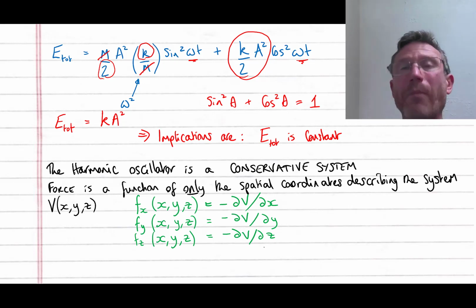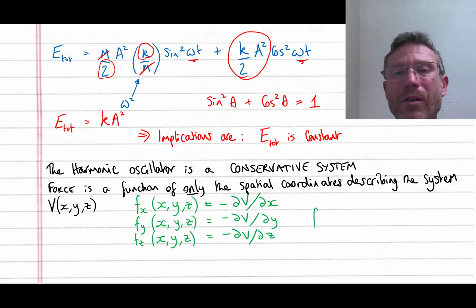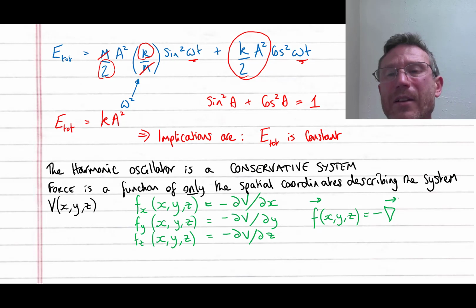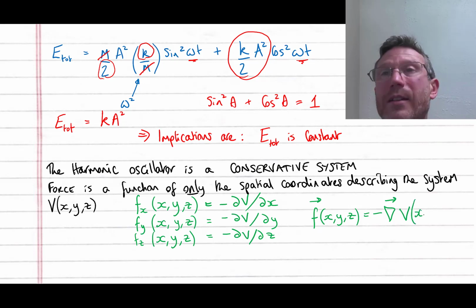Okay, and from that we are going to recognize the force as a vector quantity, x, y, z. Remember, it's a function of those coordinates x, y, and z. And because of this vector notation, we are going to write this down, and this may seem familiar to you. We've got a del in here, but it's a del with a little arrow on the top. It's a vector term. So del V of x, y, z.